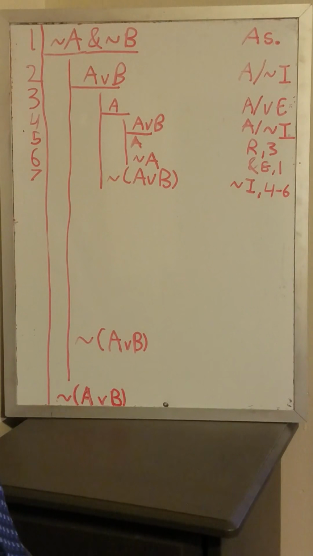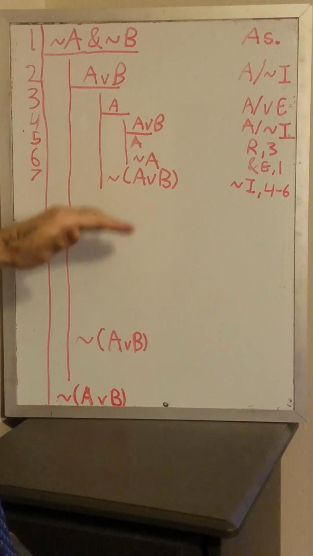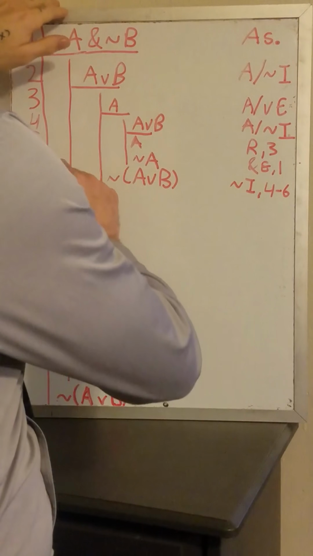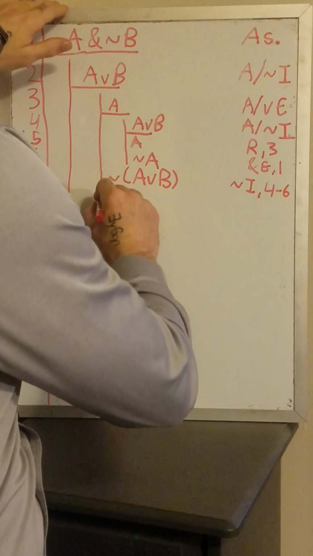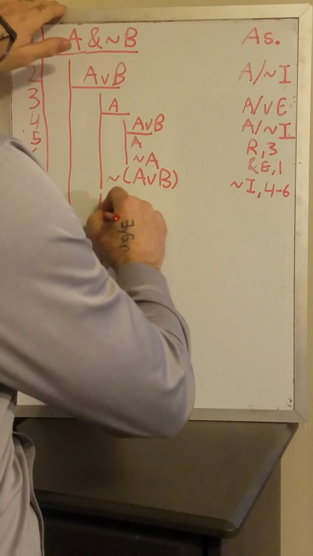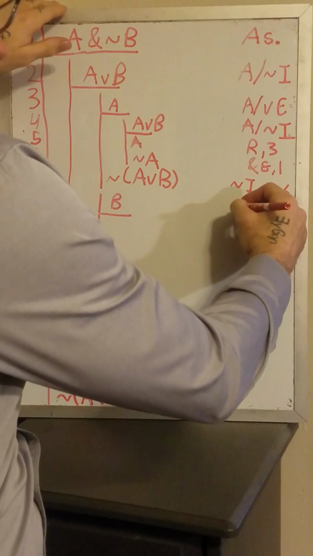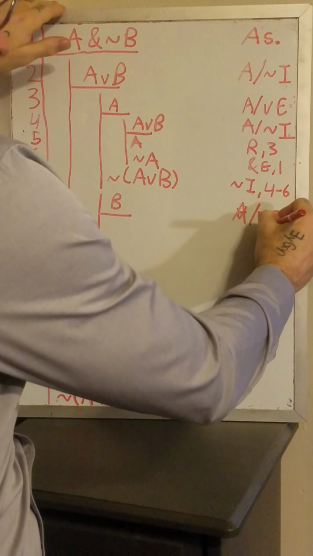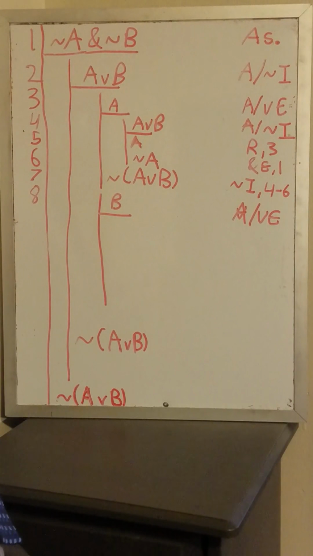Okay, so we're basically halfway there. A good idea at this point might be to pause this video and see if you can work through the rest of this on your own before I illustrate it, because it's basically going to be running through the same kind of reasoning exactly. But now we need to assume B, again for purposes of disjunction elimination.